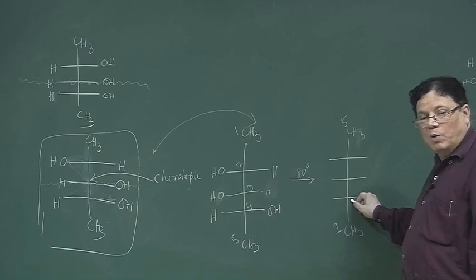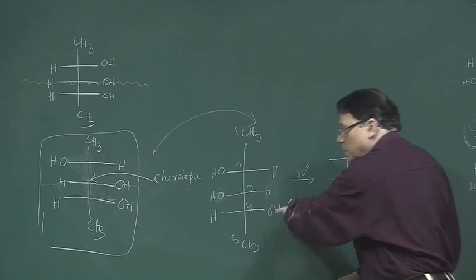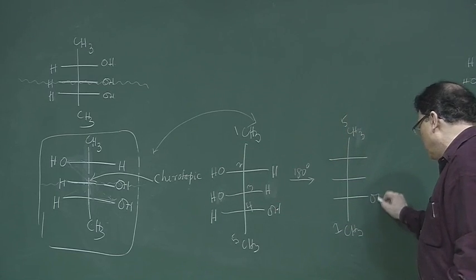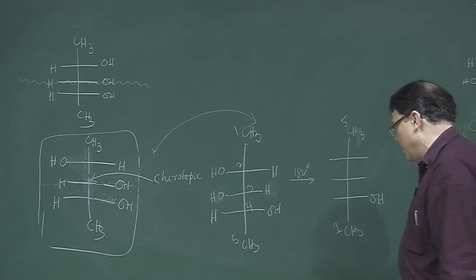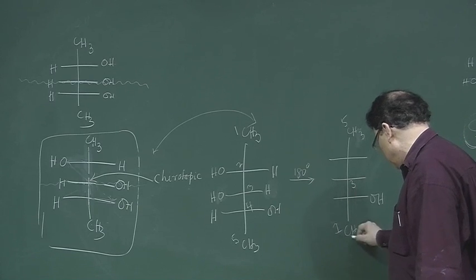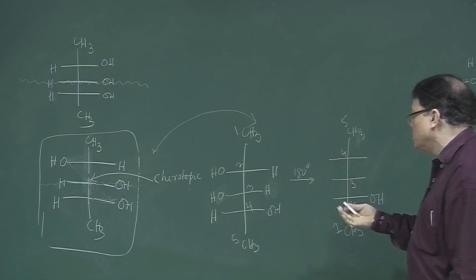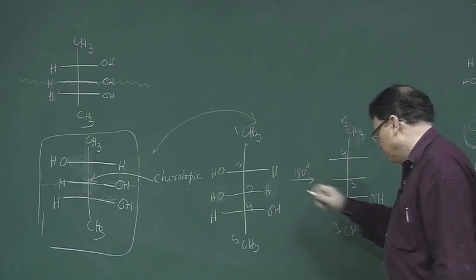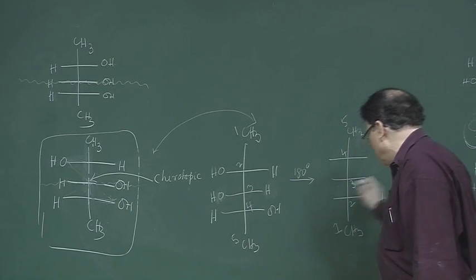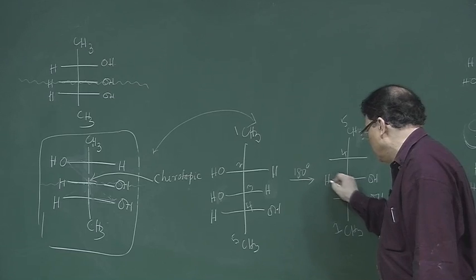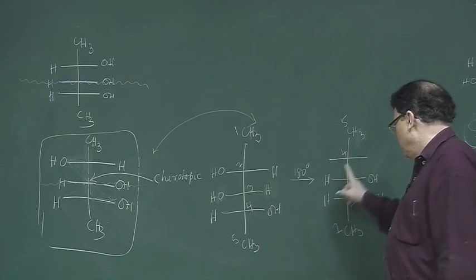Number 2 will be here after 180 degrees. After 180 degree rotation, this wedge which was on the left comes to the right. So, the left ones will go to the right, the right ones will go to the left. This is 1, this is 2, this is 3, this is 4, this is 5. So, now you place the groups. The number 2 wedge will now be on the right, the number 3 wedge will be on the right, because this is a 180 degree rotation, and the number 4 wedge which was on the right will be on the left.